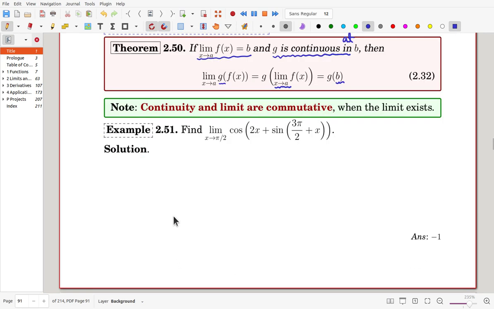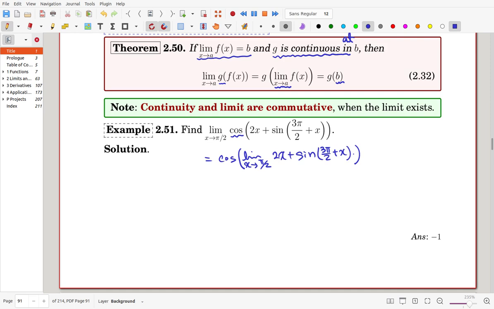Let's see this example. Here there is a continuous function, and inside a limit that exists, so the given term is the same as cosine of, and first we are applying the limit, the limit as x approaches pi over 2 of 2x plus sine of 3 pi over 2 plus x, like that.